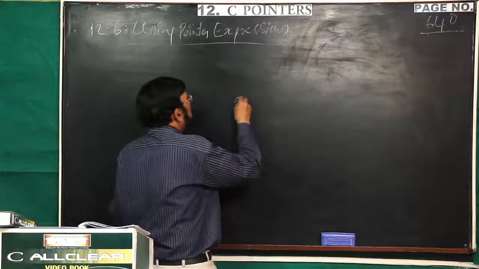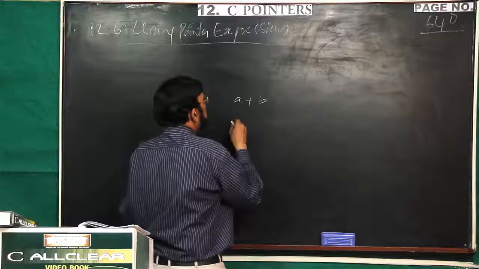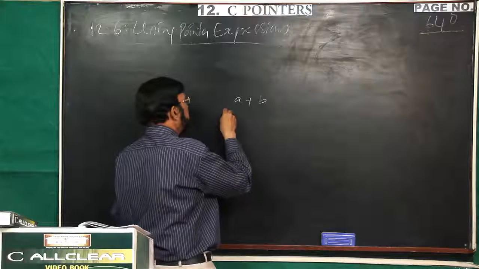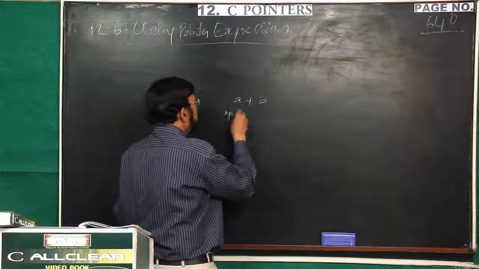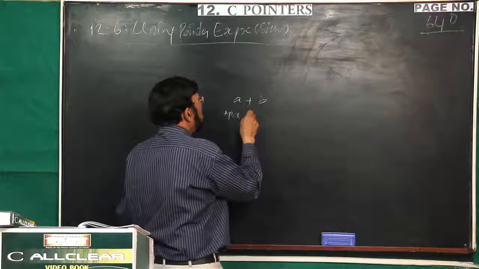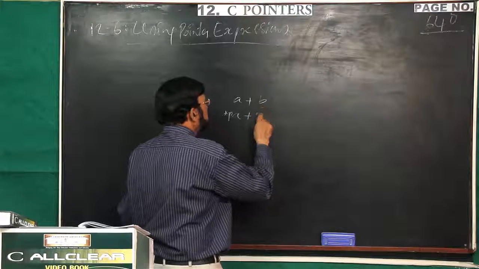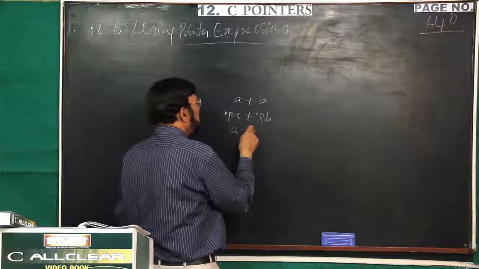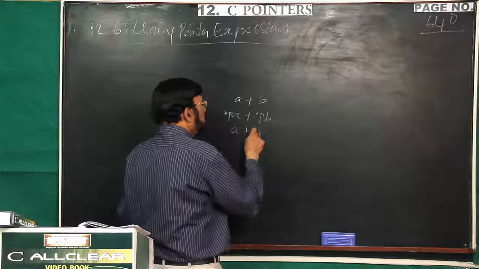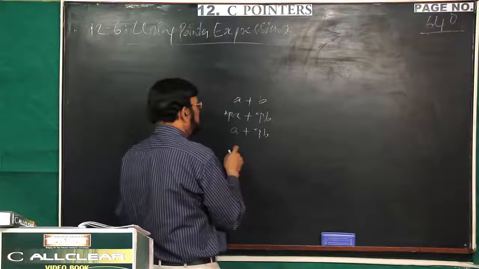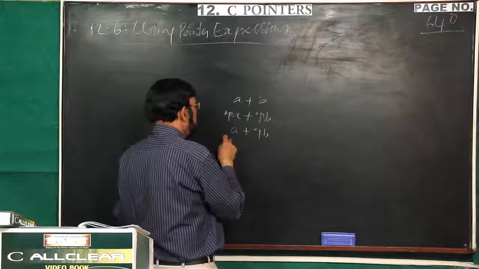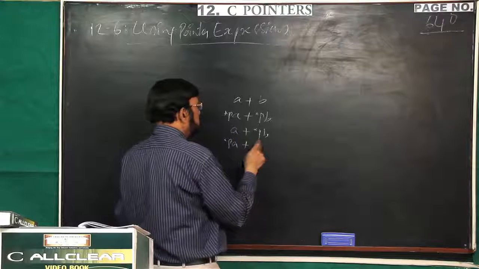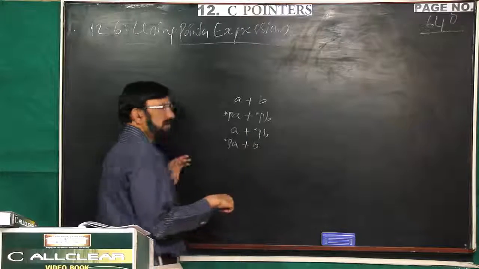Now normally we have to use A plus B. After creating the corresponding pointers, we are able to use star PA plus star PB and get the same result, and A plus star PB also gives the same result, star PA plus B also gives the same result.